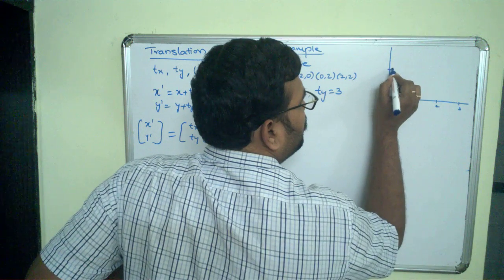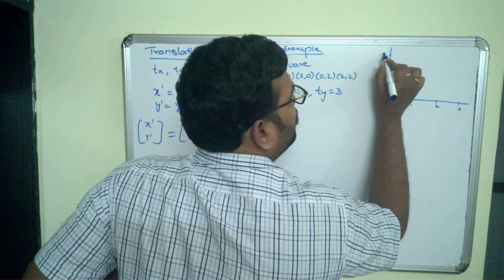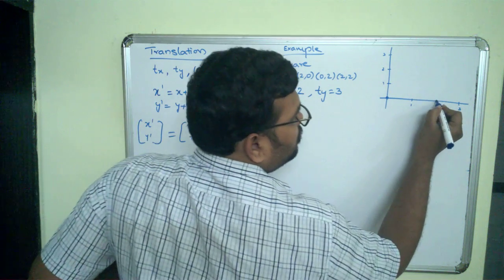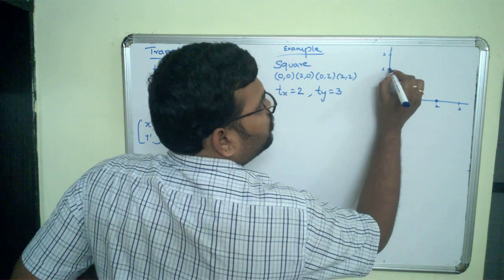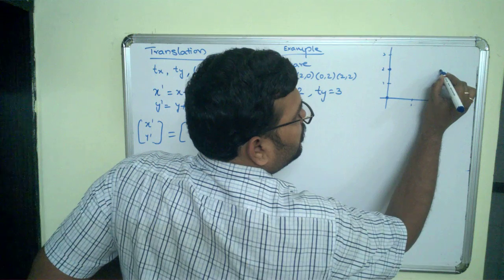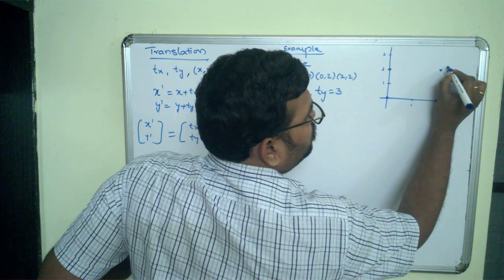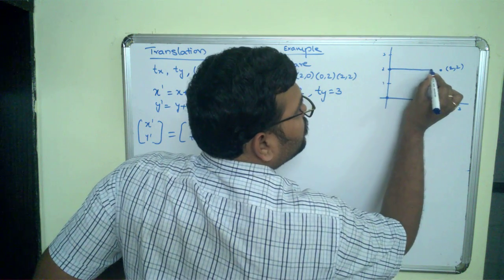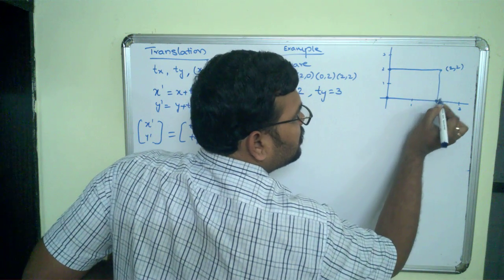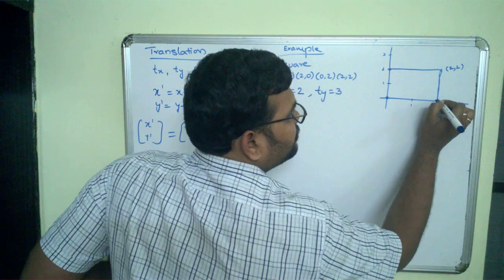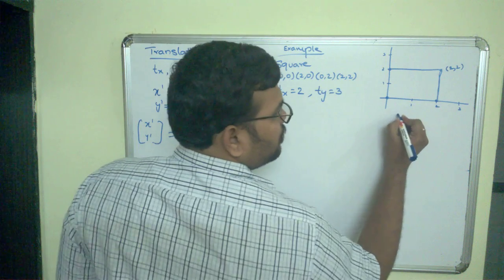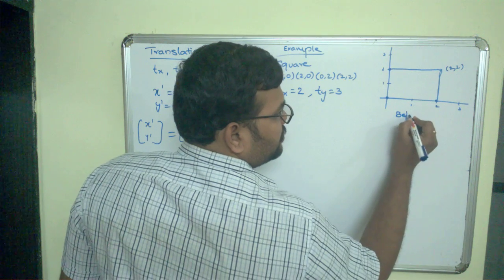First (0, 0), (2, 0), (0, 2), and this is (2, 2). So this forms a square.